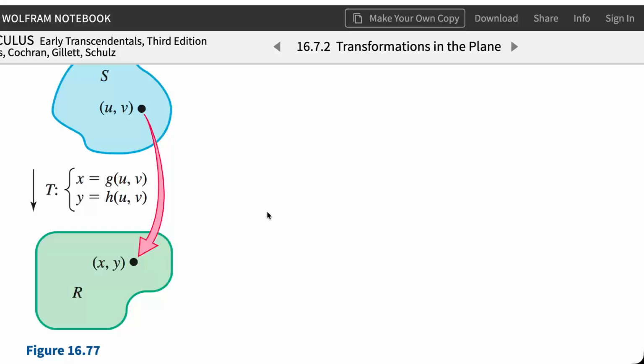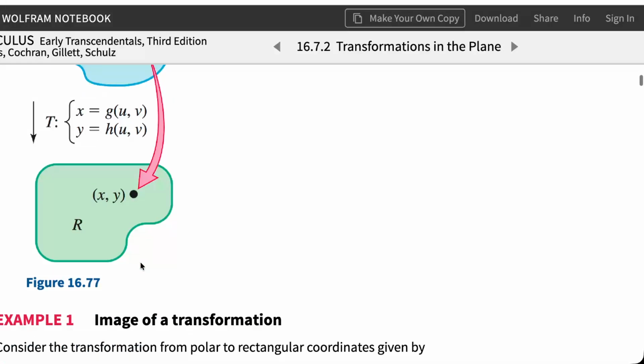That would be bad. So we want super nice transformations. We want this property: a point in the UV plane has exactly one image in the XY plane. So every point of S maps to exactly one point of R. That's one-to-oneness.